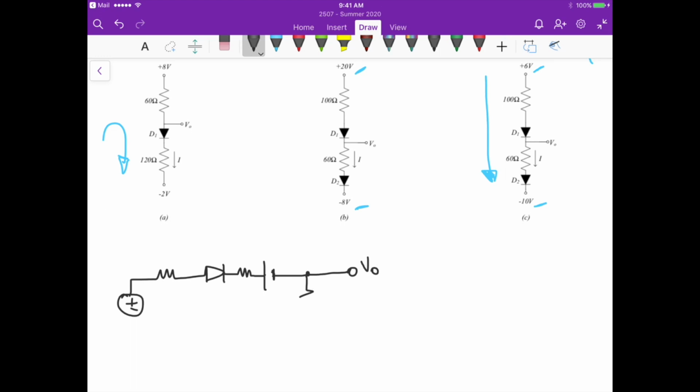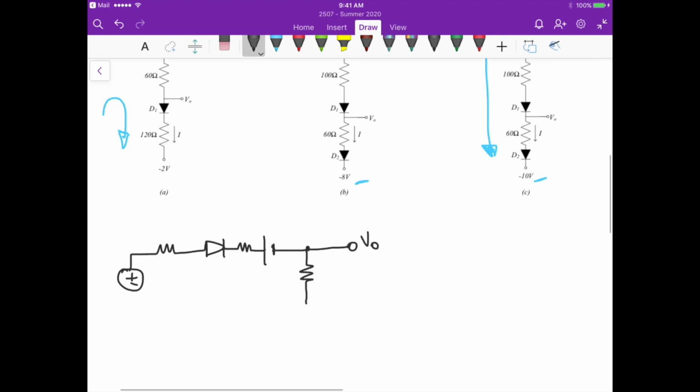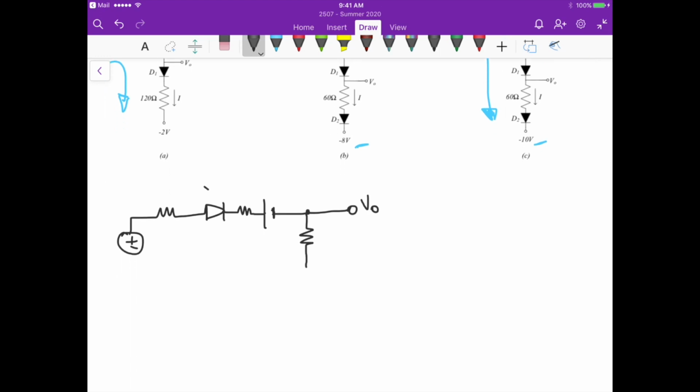We have another resistor here, and then again we substitute. So this is diode 1. Now we substitute diode 2 using the battery plus resistance model again. So let's put the resistor here and then the source here, and here is the ground.